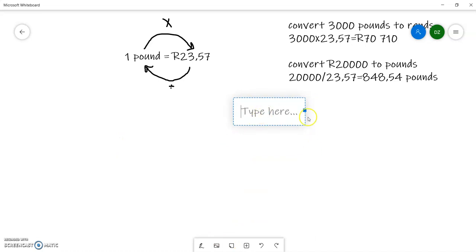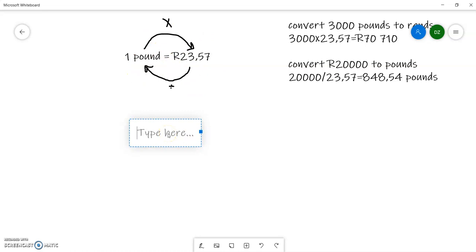So the first thing, if I want to convert exactly from what's here, how am I going to get 1 rand? If I had 23 rand 57, to get 1, I would divide by 23 rand 57. So 23 rand 57 divided by 23 rand 57 will be 1 rand.